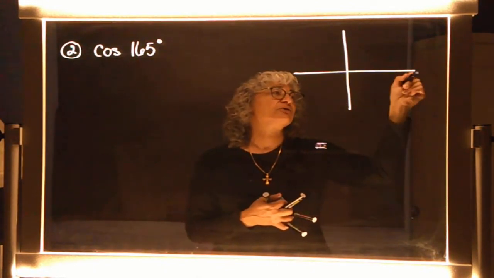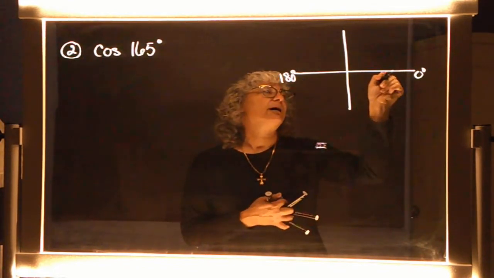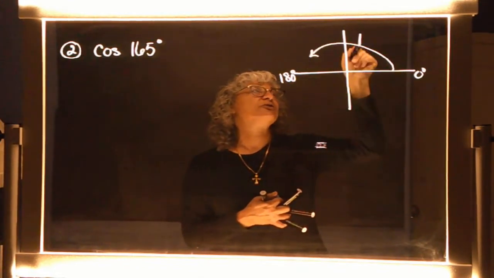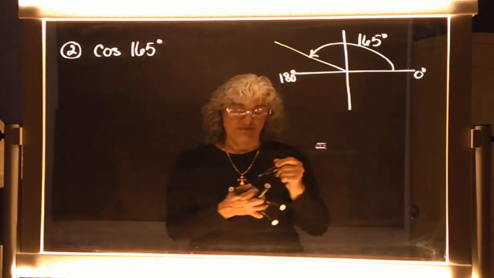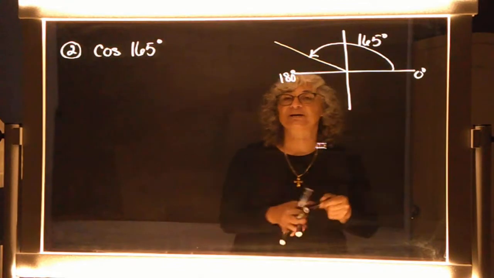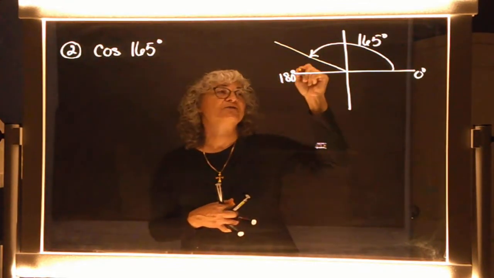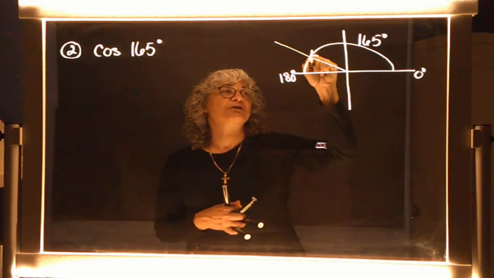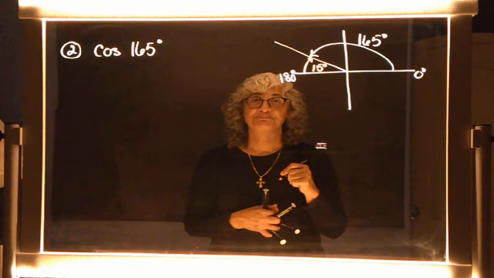Excellent, quadrant 2. So from 0 degrees, and this is 180 degrees, I'm going into quadrant 2, 165 degrees, aren't I? Good. So now the question is, what's the reference angle? Remember, the reference angle is always off of the x-axis. So from here to here, yeah, that's a 15-degree angle.